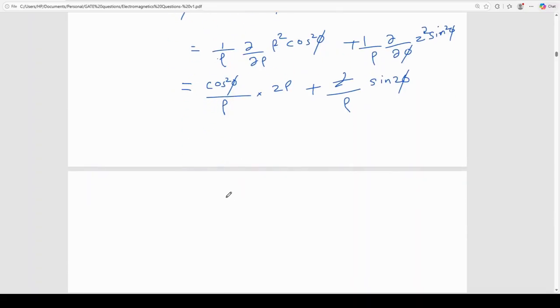So we can further simplify this as cos squared phi is 1 plus cos 2 phi by 2, times 2 rho, plus z squared by rho sin 2 phi. Now 2 rho gets cancelled.